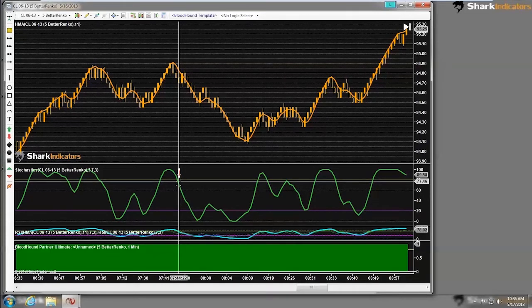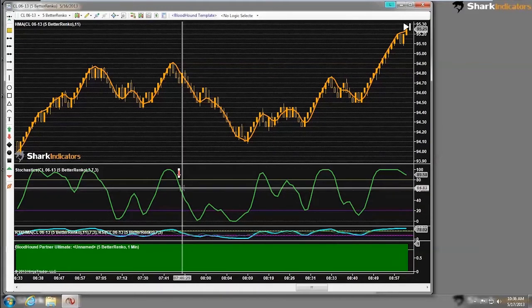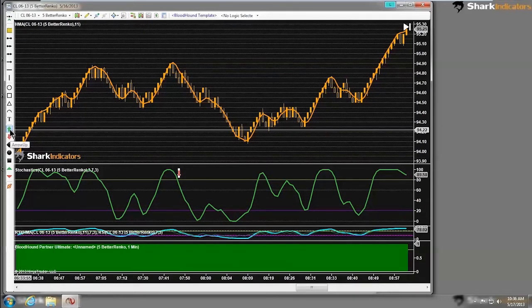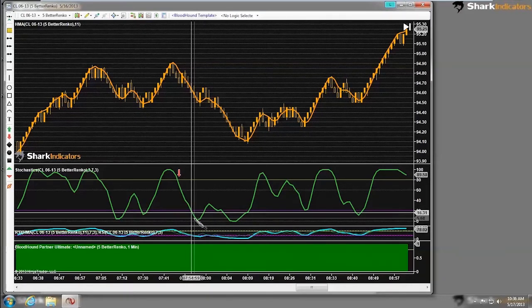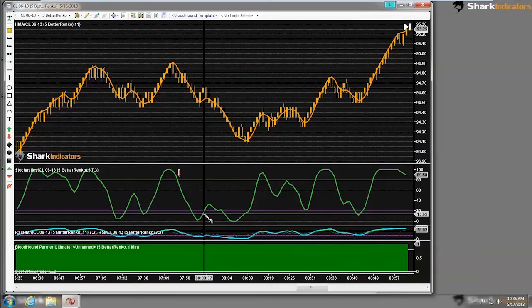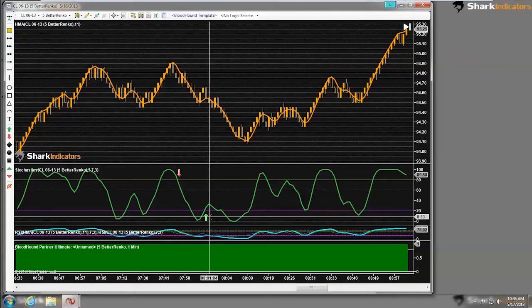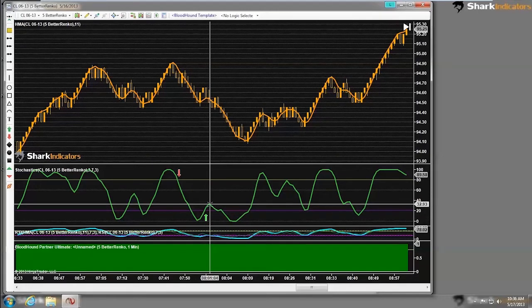We want to hold on to a short trending condition, basically a short bias, until the stochastics comes down here and then crosses above our 20, and then we want to hold on to a long bias.